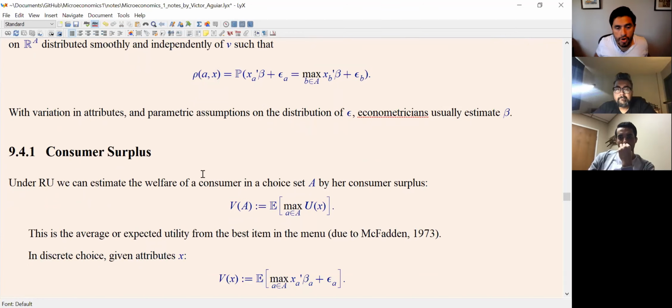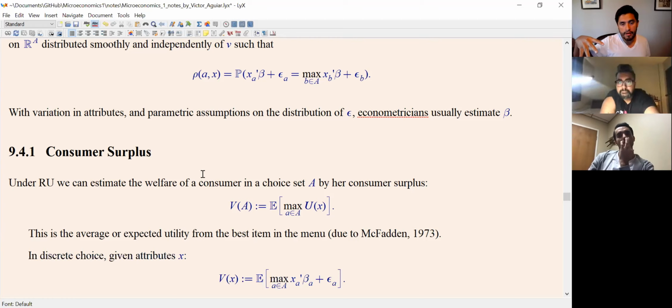If you combine this information with choice set variation, then you can estimate epsilon. There are a lot of things that you can do, but this is an econometrician's problem, right? So identification, I'm not going to deal with. I'm just telling you the model, okay? But it's a good question, Sean. People usually can do something without assuming epsilon, but what people have done historically is assume some epsilon, because it's easier.